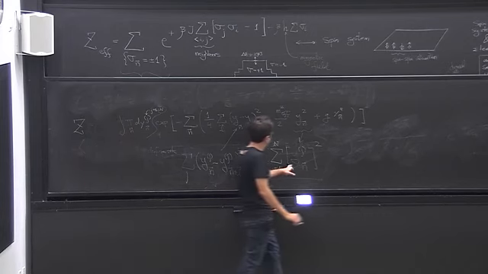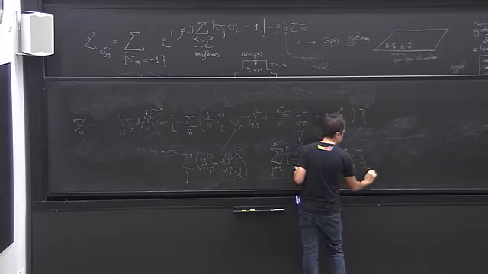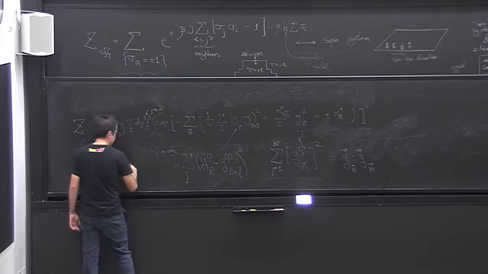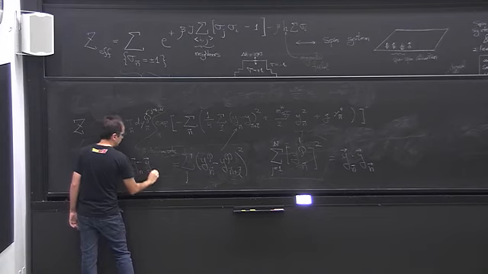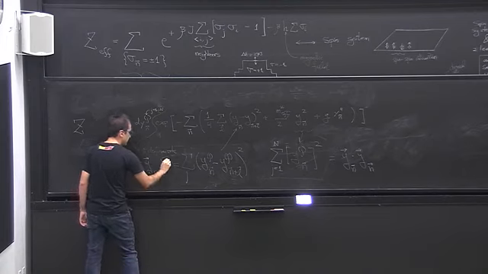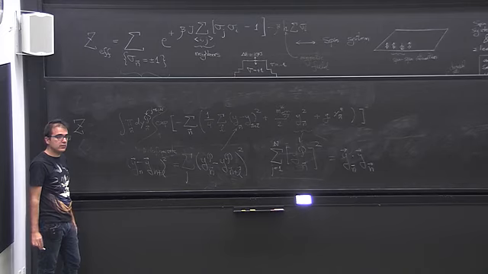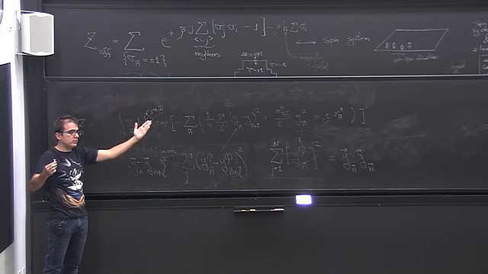And now this here, notice that I can write this in the following form. I can make a vector y at site n, which has all the components y1 up to yn, and say that this is the scalar product between the two y's. And similarly, if I have the vector at position n minus the vector at position n plus l, this is just the square of this vector, or the dot product with itself, right? So you see that we have a rotational symmetry, which is of course clear.